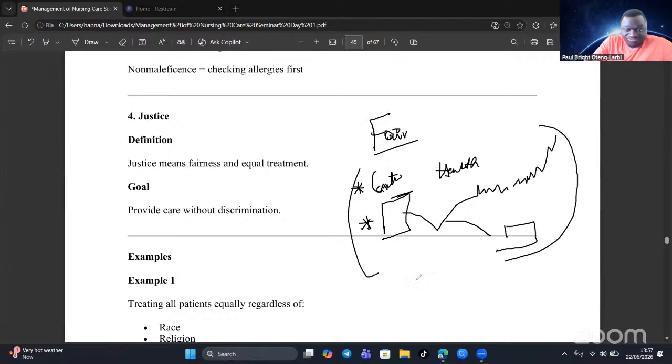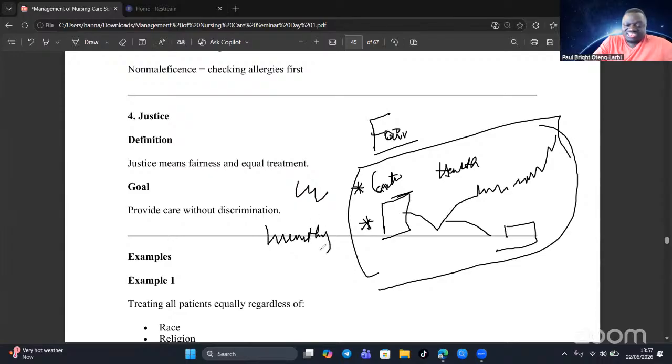The system is always fair because the president sitting in the castle or the health minister sitting at the health ministry have made the policy to cover everyone with free health care. But citizens can decide, I won't take it.